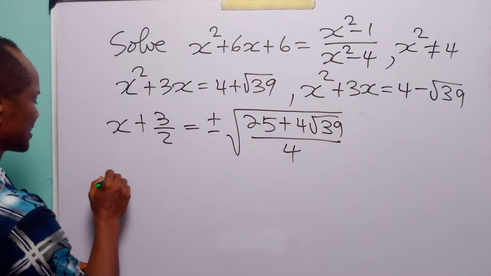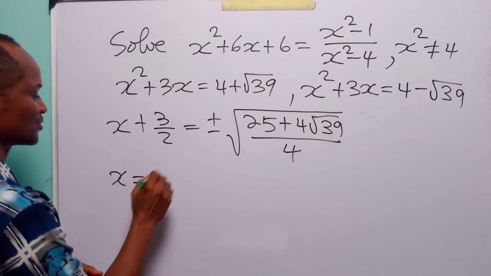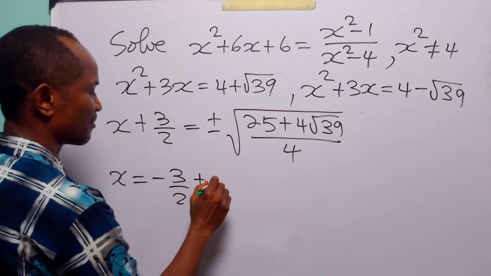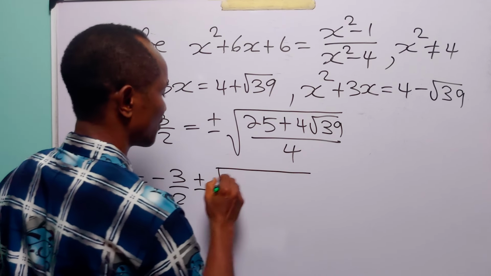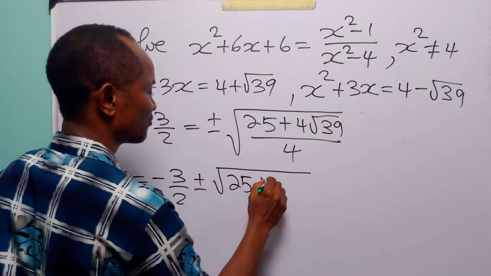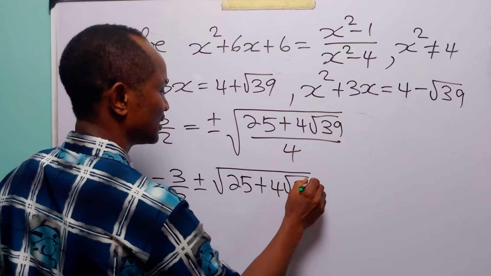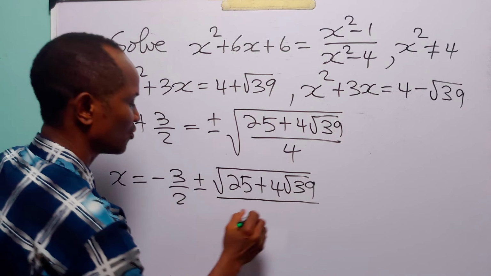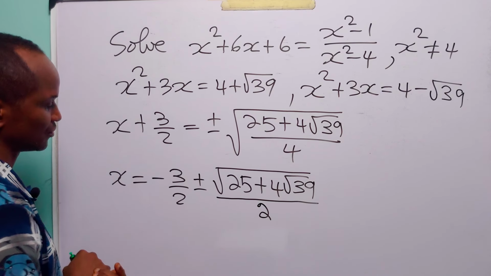And from here we have that x is equal to minus 3 over 2 plus or minus the square root of 25 plus 4 root 39 divided by the square root of 4, which is equal to 2.